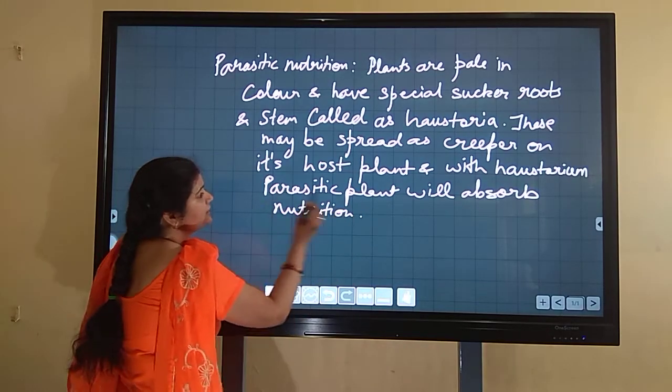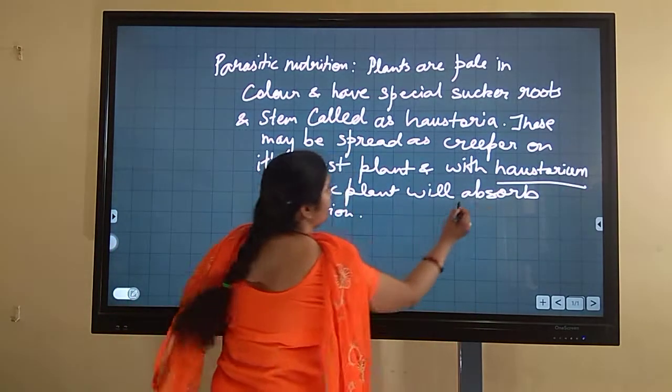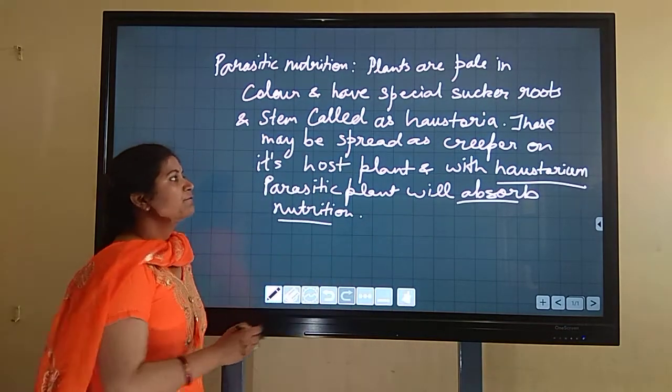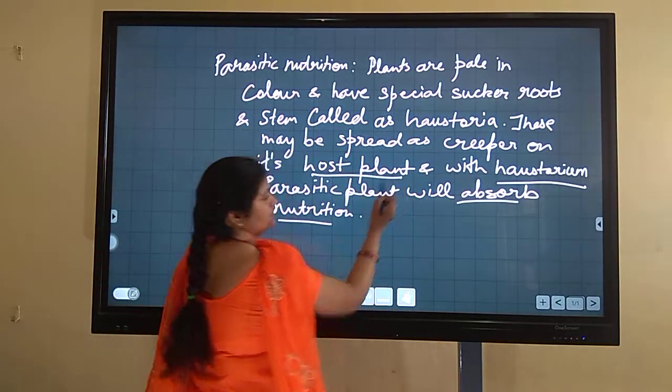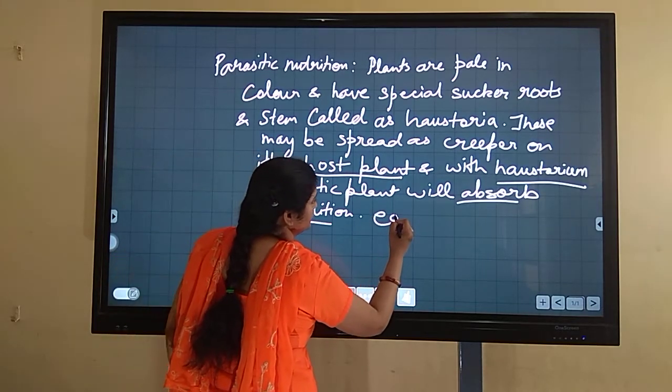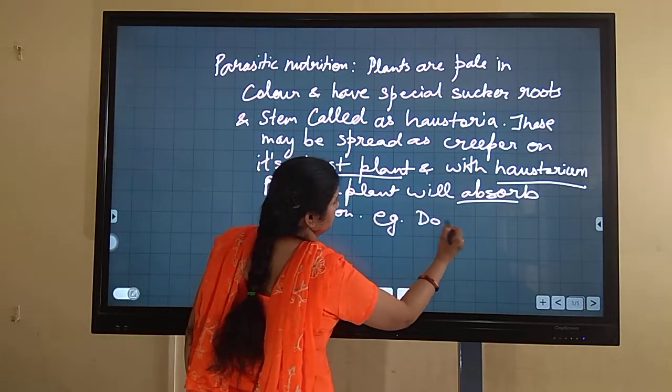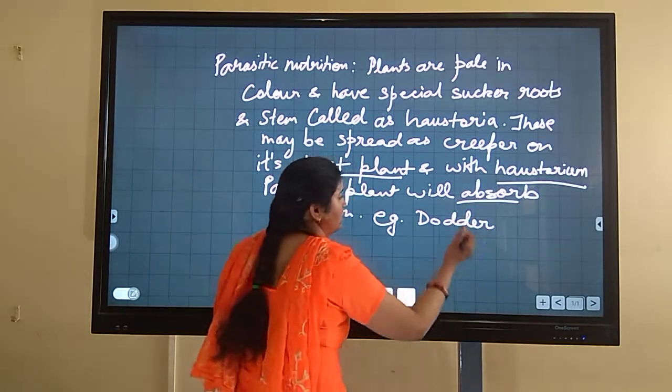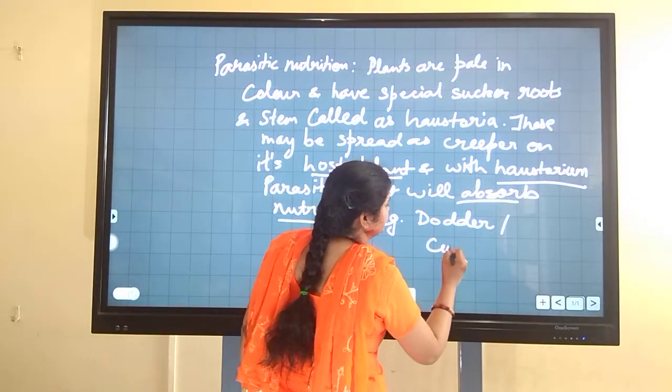So this haustoria helps in the absorption of nutrition from the host plant. Example is dodder, also known as cuscuta.